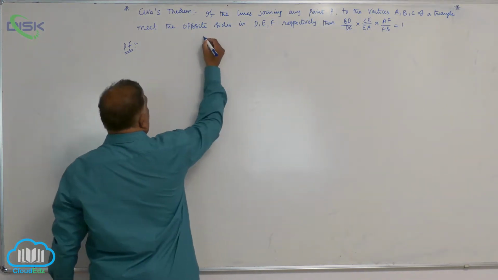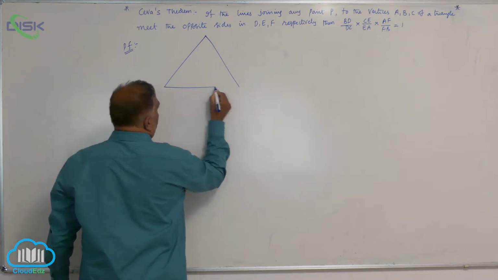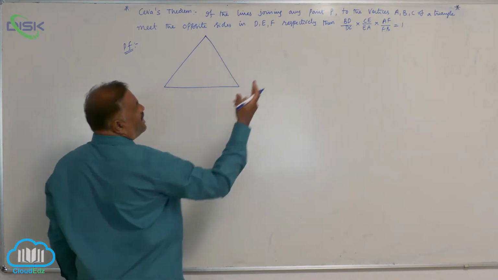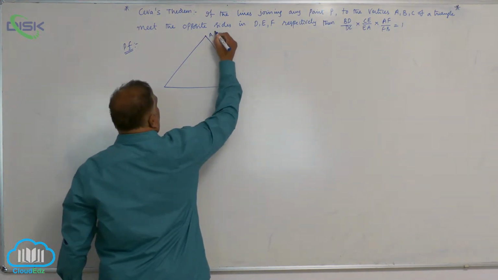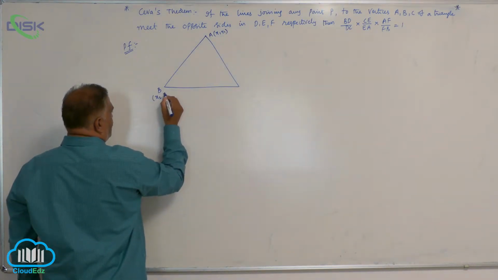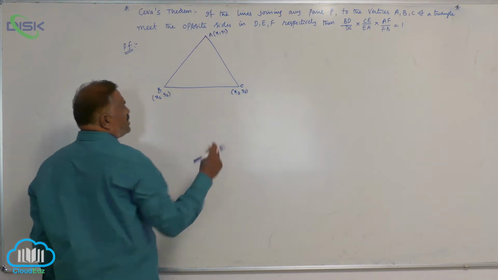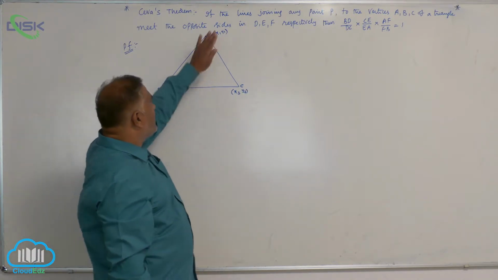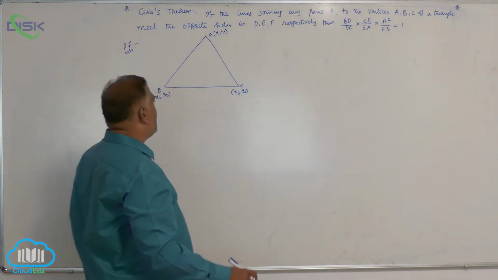Now let us see the triangle like this. Points are given as A, B, C. Let us consider A (x1, y1), B (x2, y2), C (x3, y3). Shall we repeat the statement once again? Lines joining any point P to the vertices of triangle ABC.